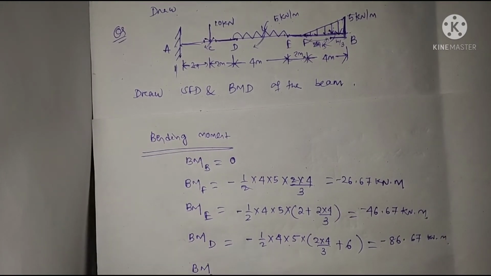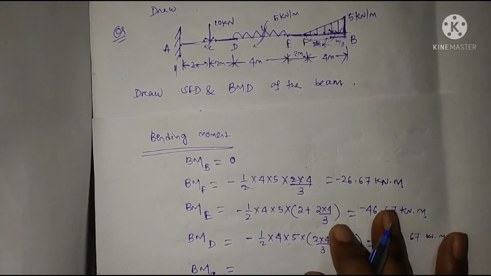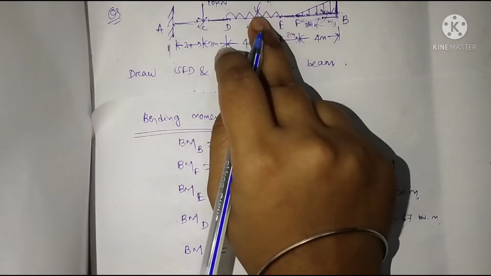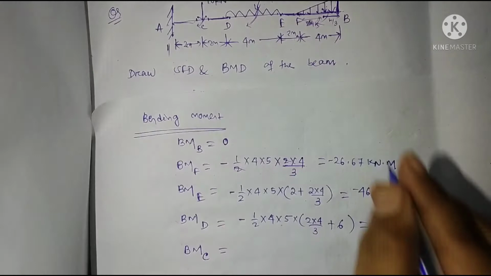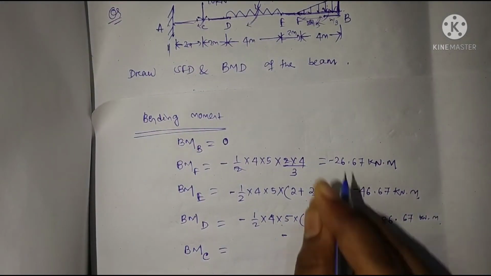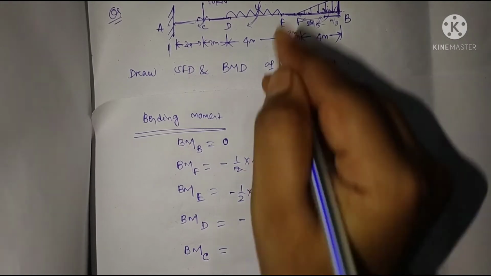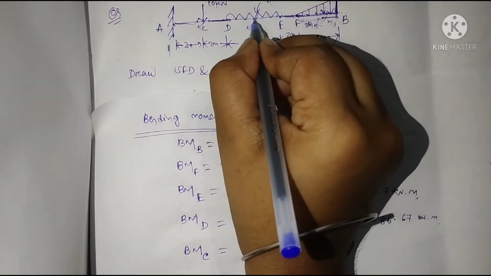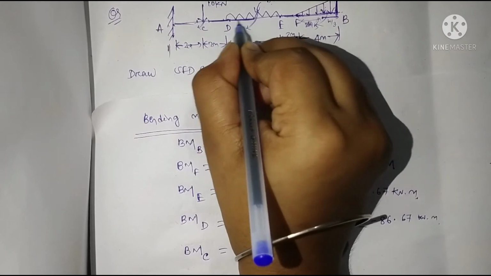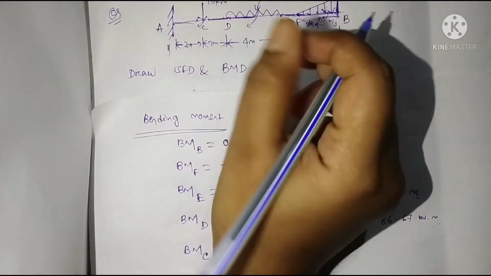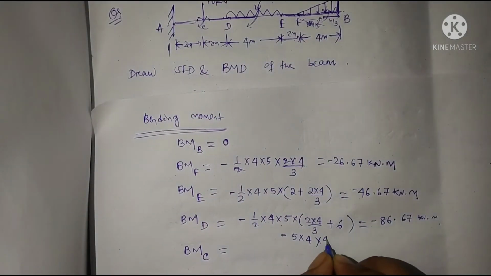Now calculate bending moment at point C. At point C, the value of bending moment will be how much? Sorry, we forgot to add this loading. This UDL is also to be added. So now add this loading also, that is half into 5 into 4. The intensity of loading is 5 into 4, and the perpendicular distance will be half of this span where our UDL is acting, that is 4 by 2.